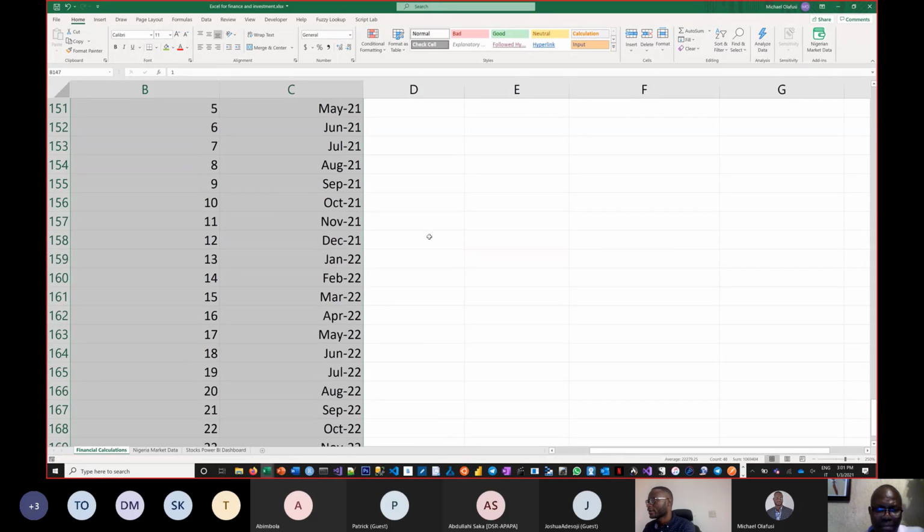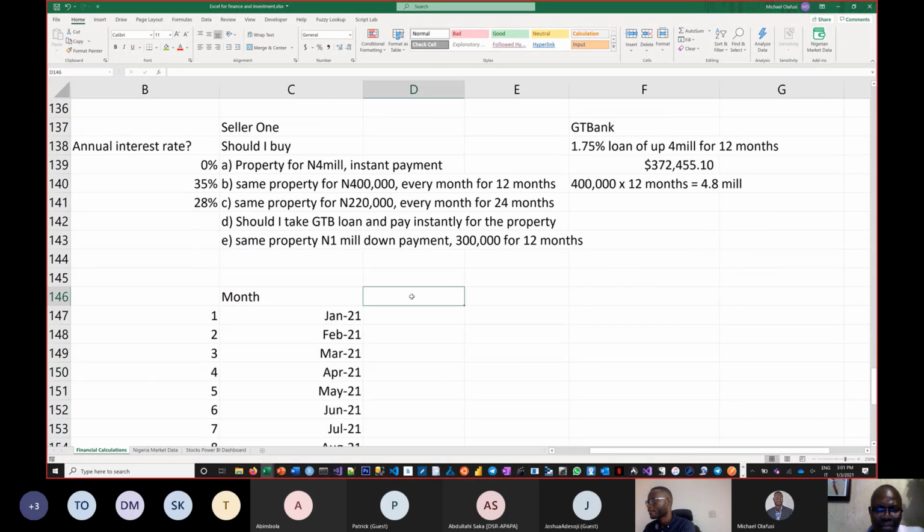Okay, great. So if I'm paying option B now, then option C. Option B is 400,000 for 12 months, and this one is 220,000 for 24 months. So paying 400,000, 1, 2, 3. 220,000.